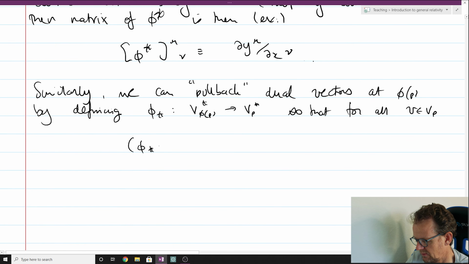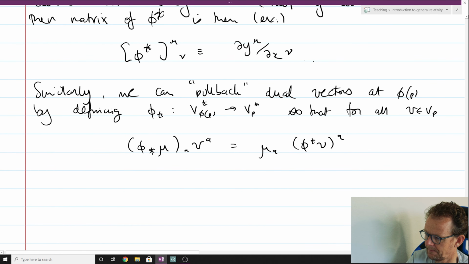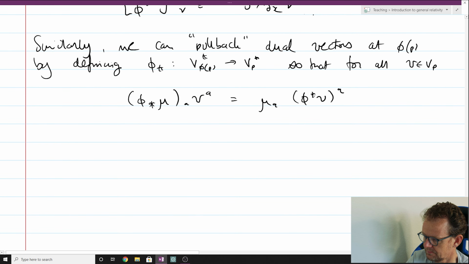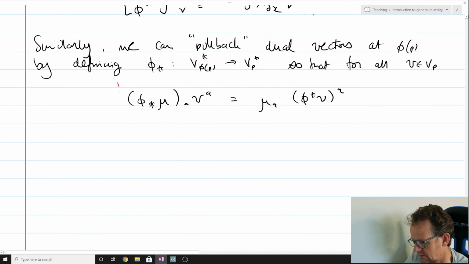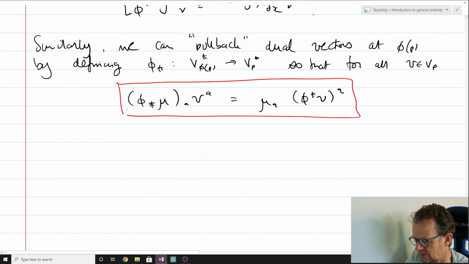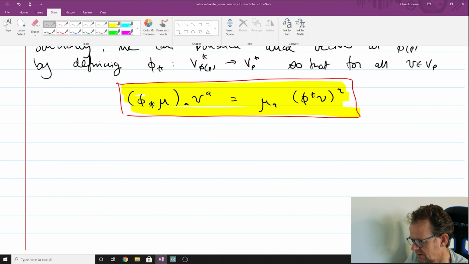And how do we define phi star? Well, give it a dual vector mu, and then demand that when we contract it with a tangent vector v, that's the same as applying the dual vector to phi star v contracted against mu. So that's how you can immediately extend, the minute you have something that maps tangent vectors in one vector space to tangent vectors in another vector space, then you pretty much have something that'll hold dually for the dual vectors.